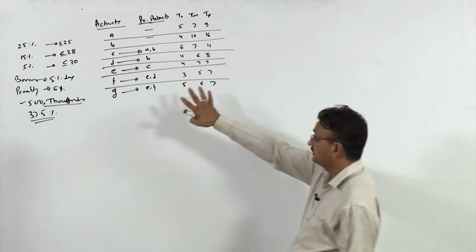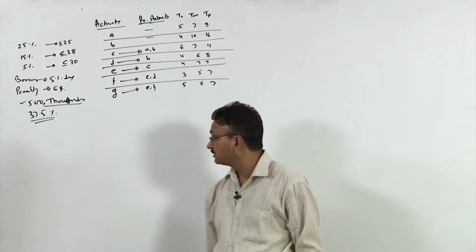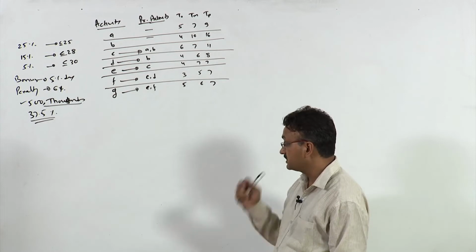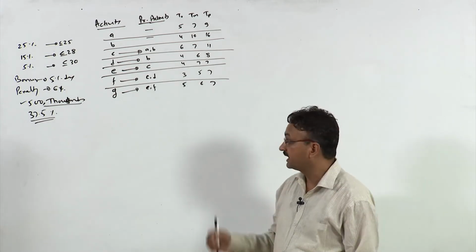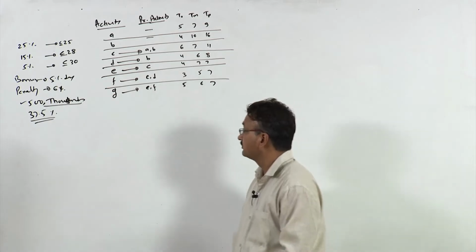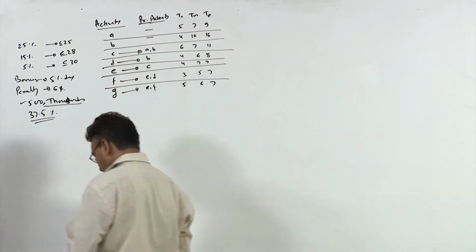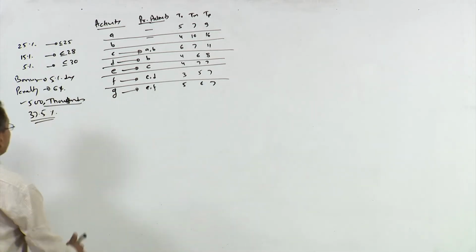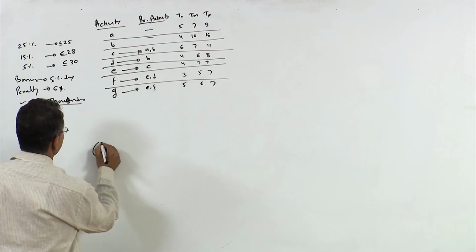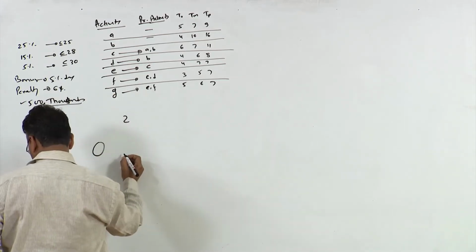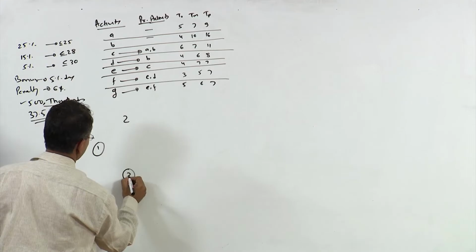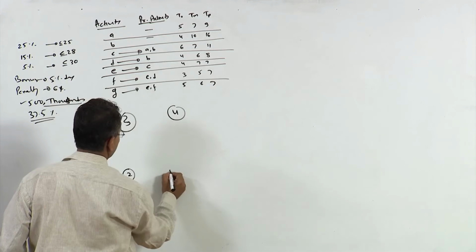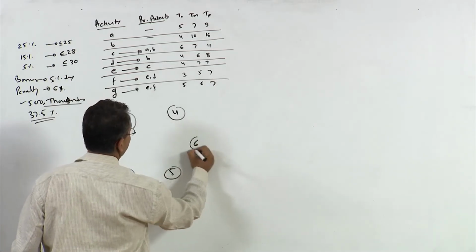Now, from this precedence relationship you can draw the network for this question, and let us find out the total completion time for this project. Let us draw this network. You have different nodes: this is 1, this is 2, this is 3, and you have the 4th, 5th, 6th and 7th.